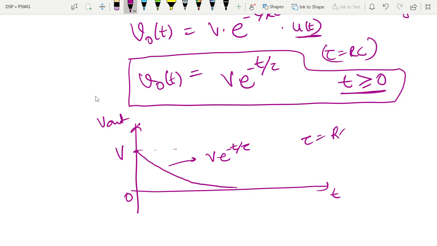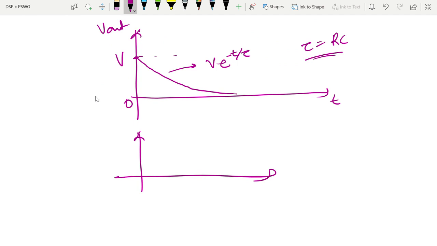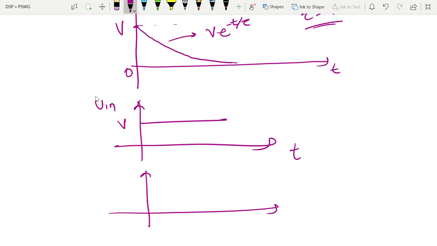So what are we going to infer here for a unit step input? If this tau is very small, the exponential will decay very fast, almost instantaneously. If the time constant is very small, then the output voltage will appear like this.